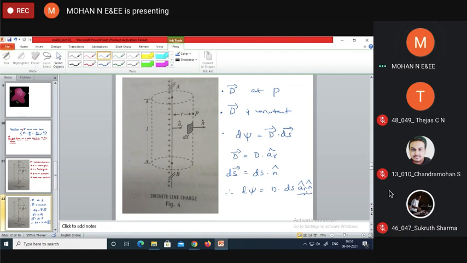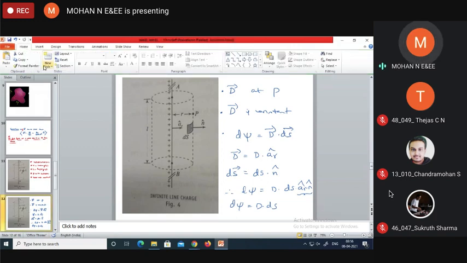Unit vectors whose magnitude is 1, and they are acting in the same direction because the E vector and D vector are in the same direction, so they are parallel. Therefore, the angle between them is 0, so you can take the magnitude as 1. So your d psi is equal to D into dS. This is the flux equation.